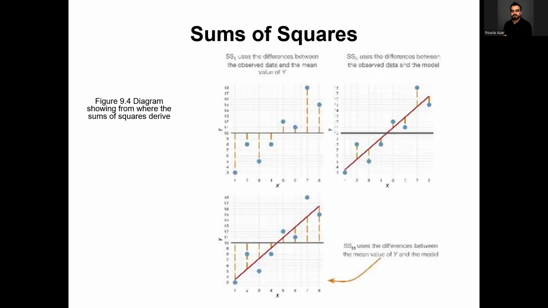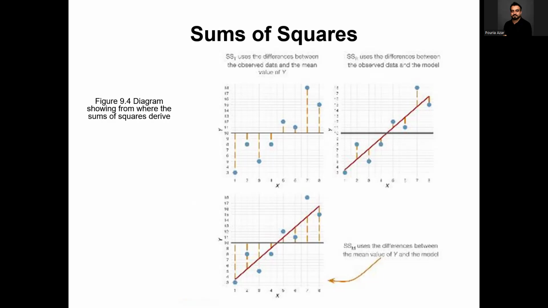In order to determine the F statistic and R squared, we will need to know sums of squares. There are three main types: total sum of squares, sum of squares for residuals or errors, and sum of squares of the model.